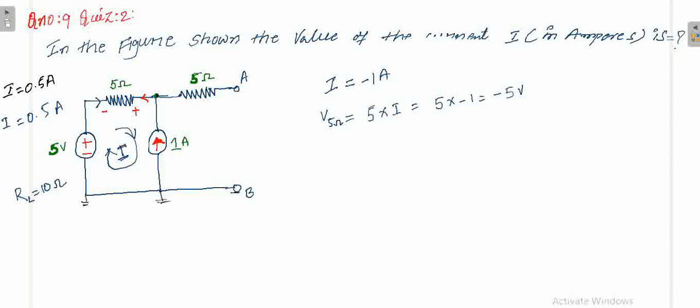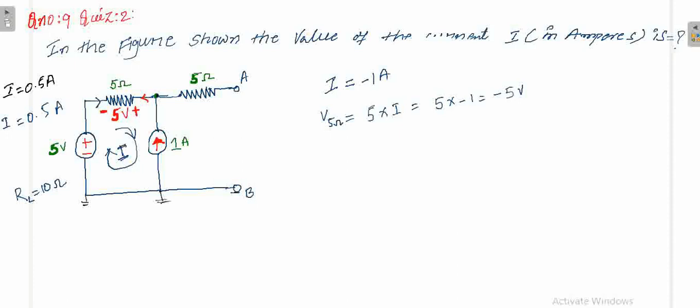Now it becomes plus 5 volts. Here I had considered this as minus polarity and this as positive polarity.